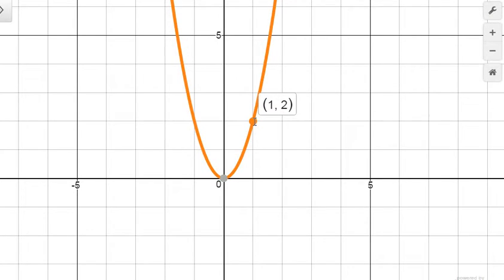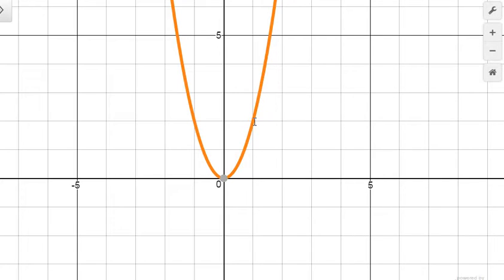So you're at the point 1, 2. What would you think is the slope of the tangent line? Is that going to be a positive number or a negative number? It should be positive. Now, is it going to have a slope close to 0 or a slope bigger than 1? Yeah, bigger than 1.